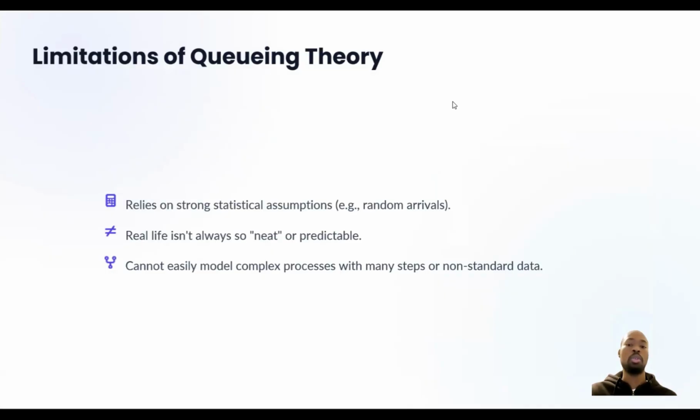Also, the chapter goes in depth by explaining the limitations of queuing theory. Queuing theory models often make assumptions, for example, that arrivals are random and services have exponential distribution. Real life isn't always that neat. When processes are too complex or data doesn't fit standard distributions, then we use simulation.